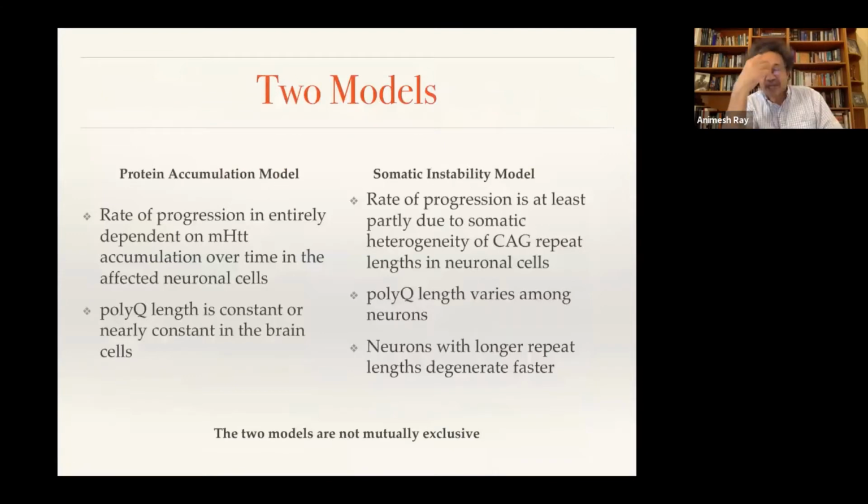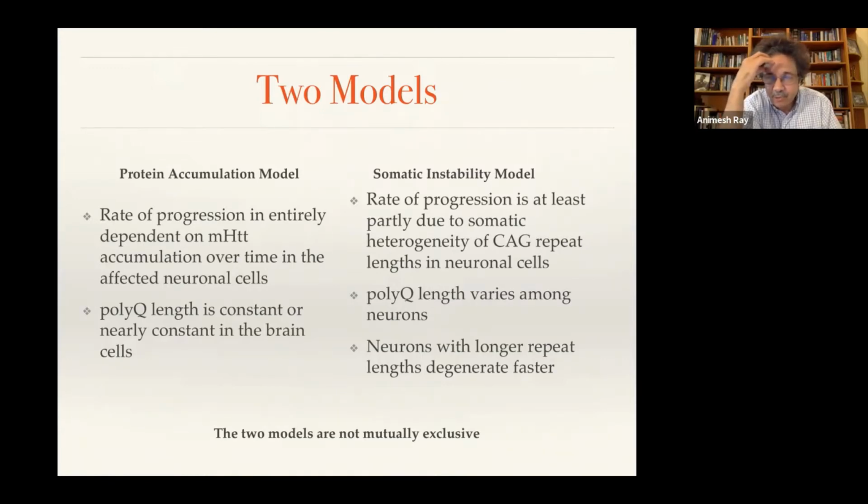So there are two models as to how this disease occurs, based on the fact that the disease onset is slow and is inversely proportional to the length of the poly-CAG repeat, and it rapidly becomes progressive and very intense. So one molecular hypothesis is that the toxic protein accumulation is the causative factor, and the more the protein accumulates in certain brain cells, the higher the rate of progression.